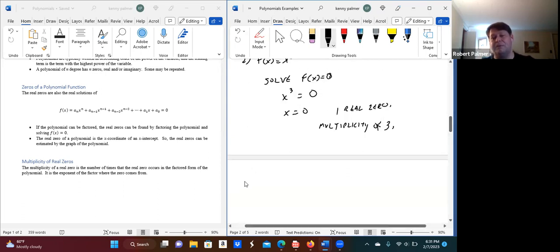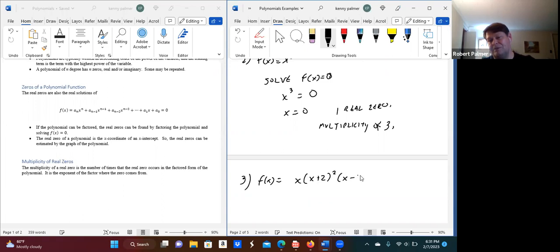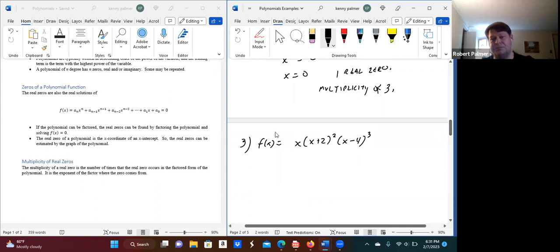Let's take a look at another one. Let's take a look at some functions already in factored form. So we have f of x is equal to x times (x plus 2) squared times (x minus 4) cubed. This is our function, and it's already in factored form, so we don't have to worry about factoring it.